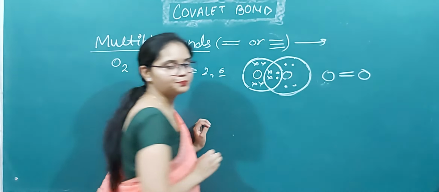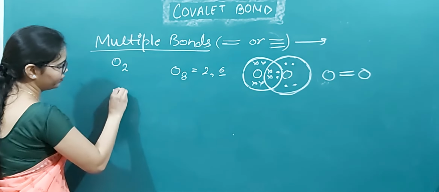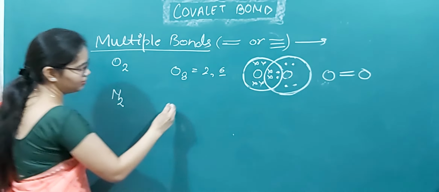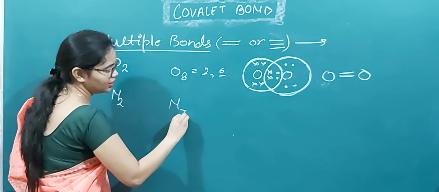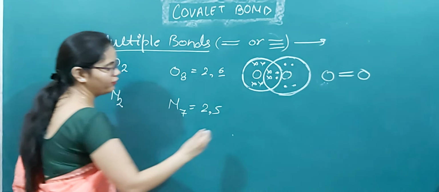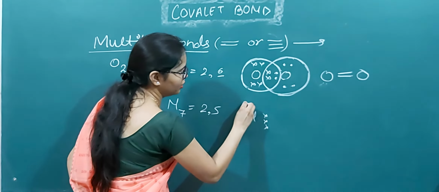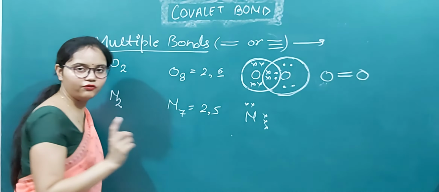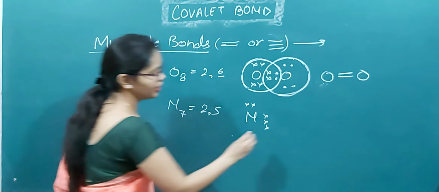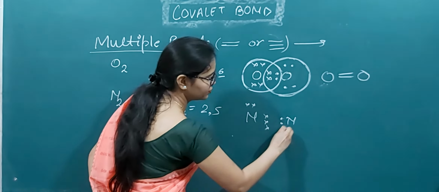Now you can take the example of a triple bond, and for triple bond I am taking nitrogen. As nitrogen has 7 electrons, means 2 comma 5, 5 means 1 2 3 4 5. This is the first nitrogen atom, and for the second nitrogen atom I will draw dots.